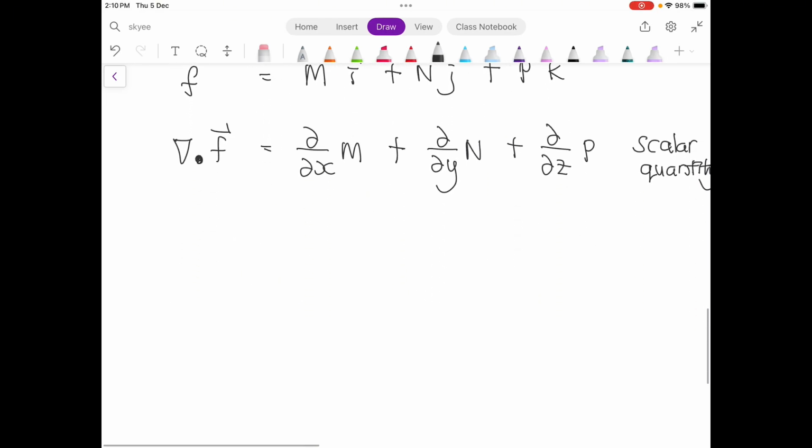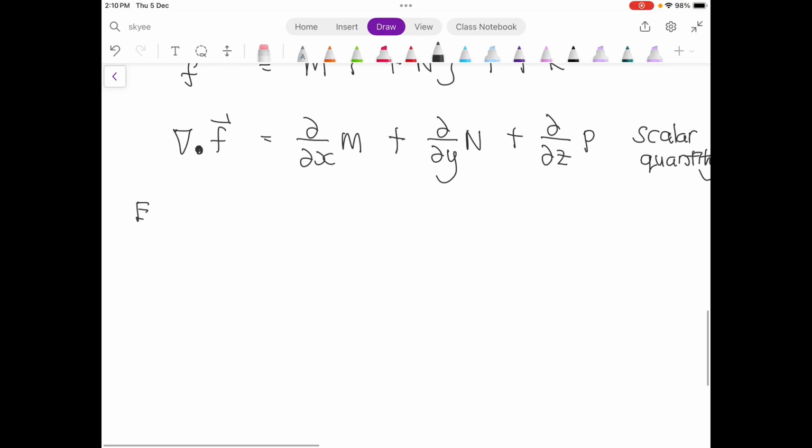So let's look at one example of how to perform the divergence of a vector field. Given that you have a vector F equal to <2x, 3y>. I think everybody is clear on the meaning of this bracket; it means that it is a vector.